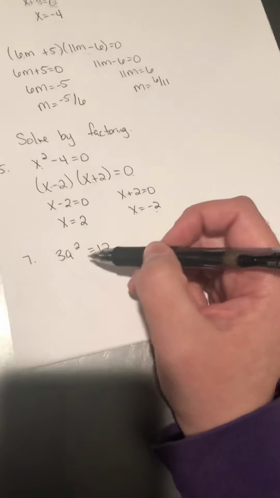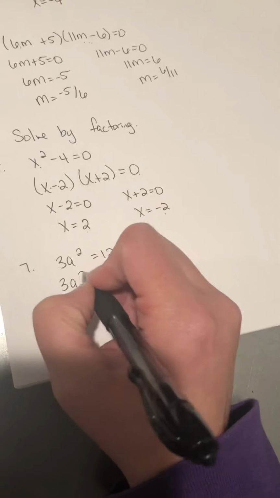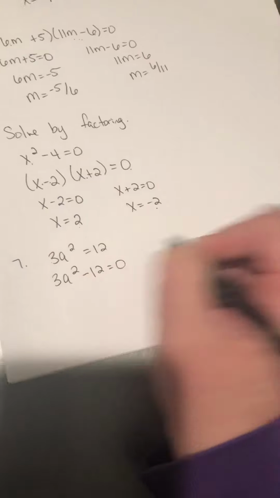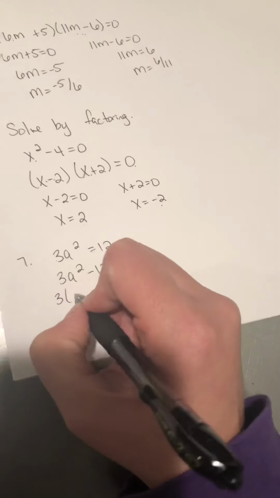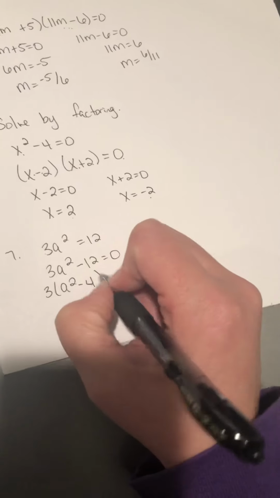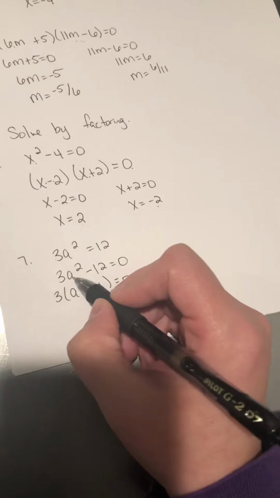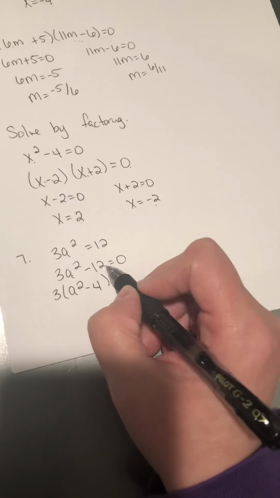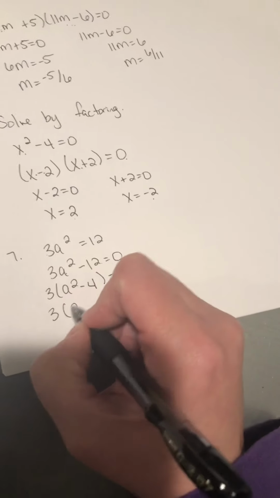But what we want to do is solve it by factoring. So I subtract my 12 over, because we want it to be equal to 0. If I factor out my greatest common factor of 3, so the 3 is out, and then 12 divided by 3 is 4. And now again I can use difference of squares.